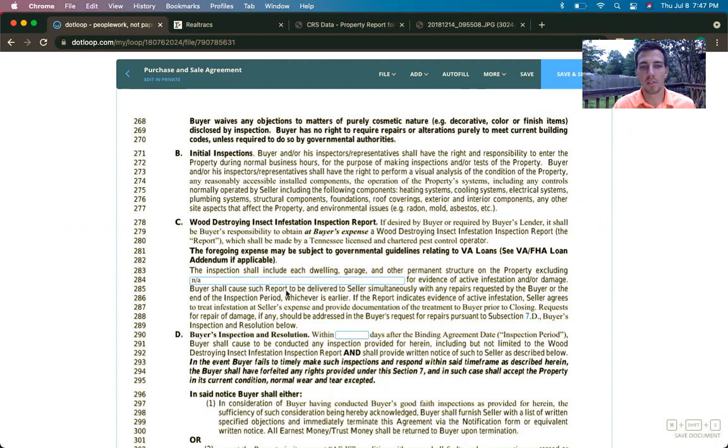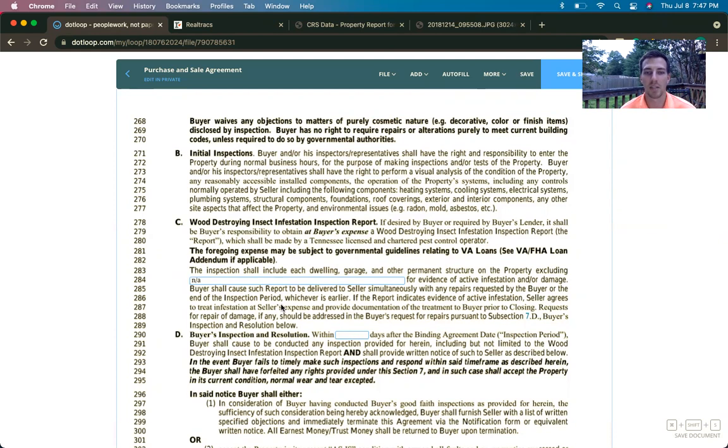Buyer shall cause such report to be delivered to seller simultaneously with any repairs requested by the buyer or the end of the inspection period, whichever is earlier. When I first started real estate, I did not have this sentence in my contract. I was selling a house. The buyers came back and said, hey, we want all these items fixed. And we said, okay.